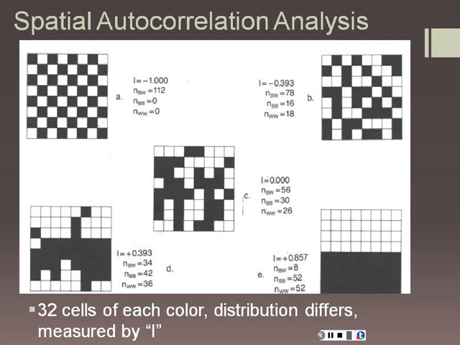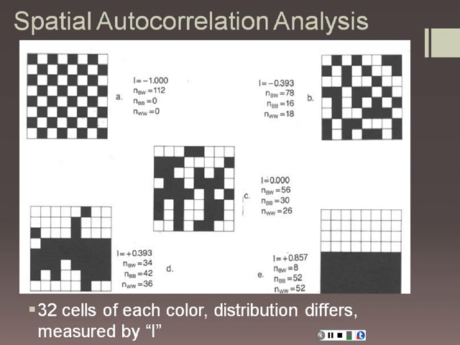Whereas you couldn't have that even number of each type in a landscape where you were using 8 neighbor, because these would have to be white cells. And then you'd have twice as many white cells as black cells to have the perfectly negative spatial autocorrelation.